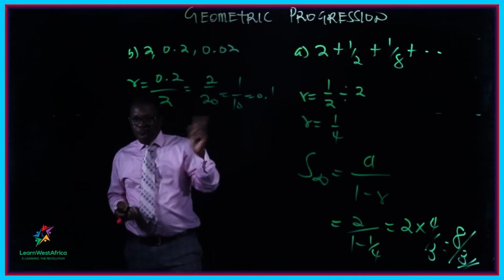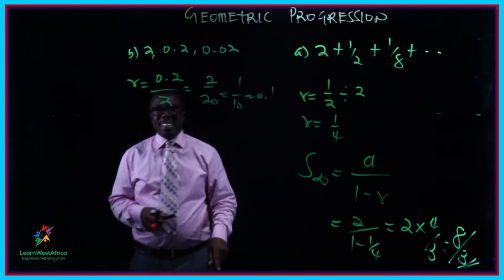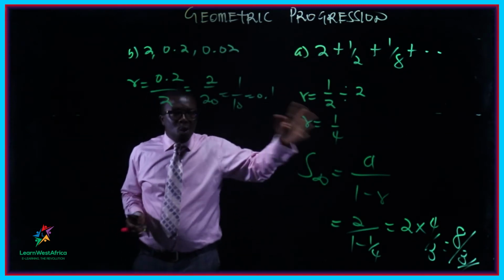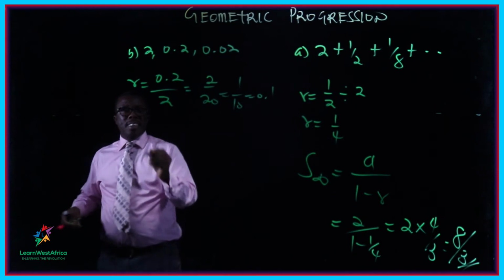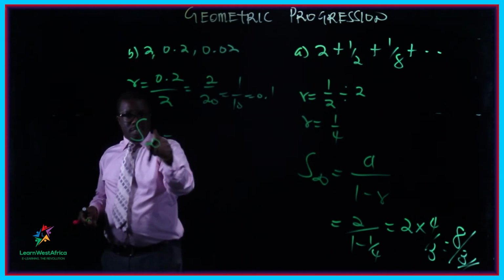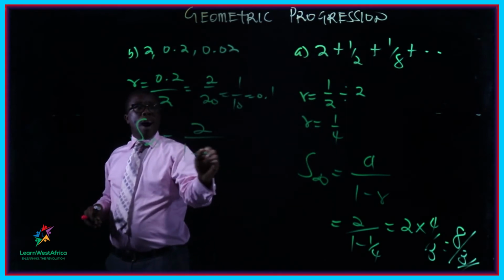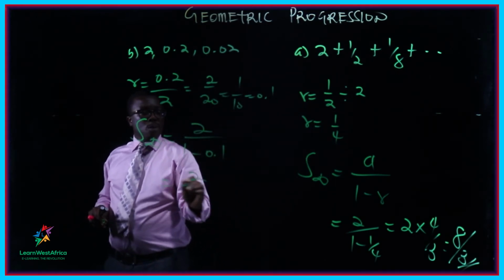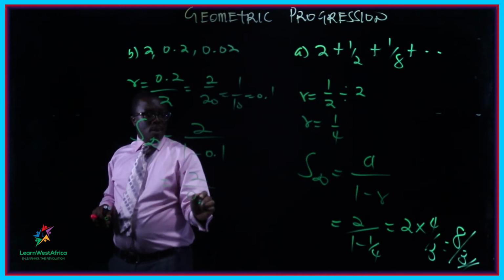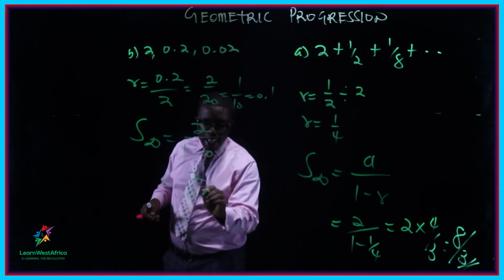If your common ratio is less than 1, like we said, then your sequence is convergent. It will get to a point where it can no longer increase significantly, and hence we can find the sum to infinity. That sum to infinity, S infinity, will be 2 over 1 minus 0.1, so that's going to give you 2 over 0.9.